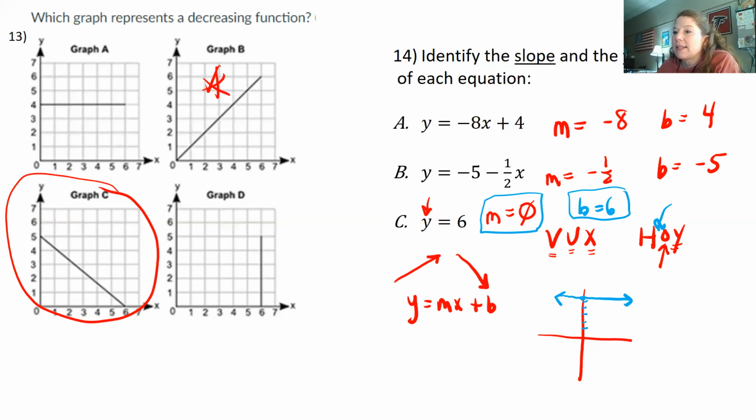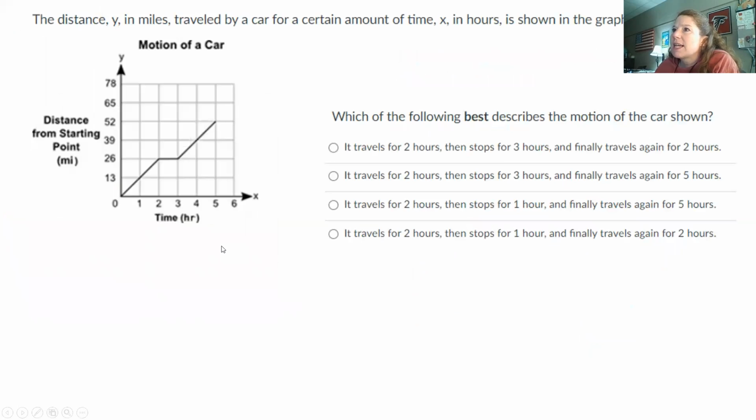And then let's see, I lost my mouse. Here we go. The next one says the distance y in miles traveled by a car for a certain amount of time, x in hours, is shown on the graph below. So we started our time at 0 and our distance from our starting point at 0. This is where we started.